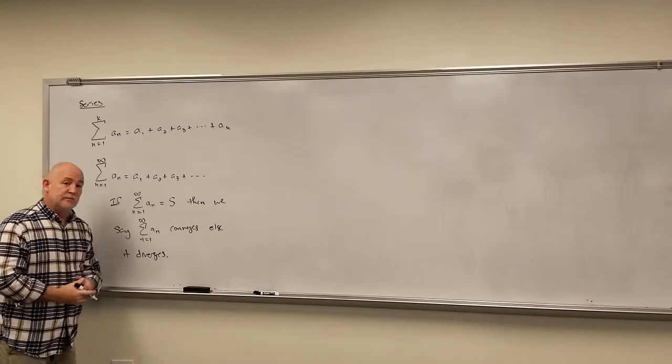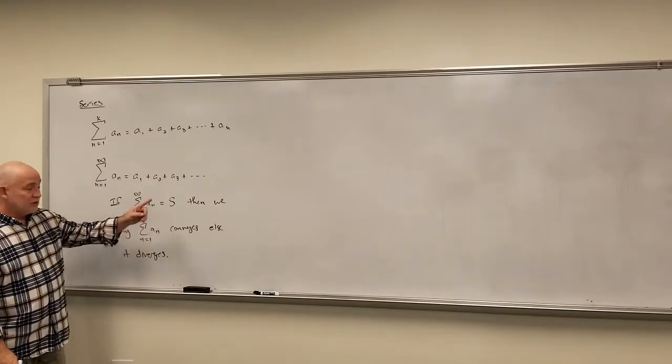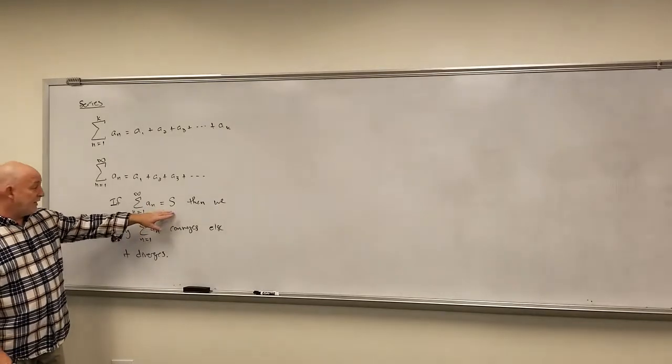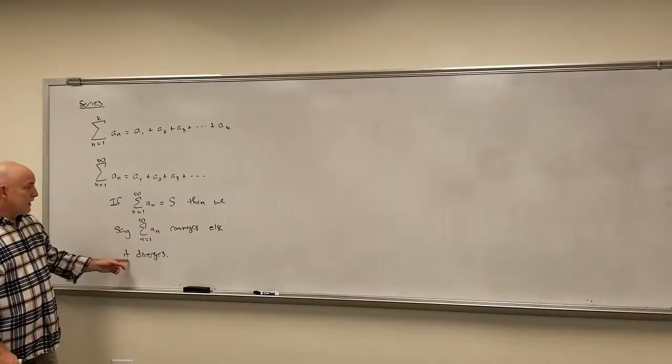Okay, so what does this mean? Really, all this means is if the sum actually ends up adding up to a finite value, then we say it converges, else we say it diverges.